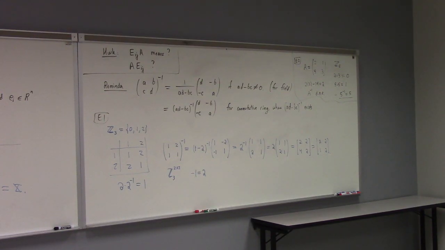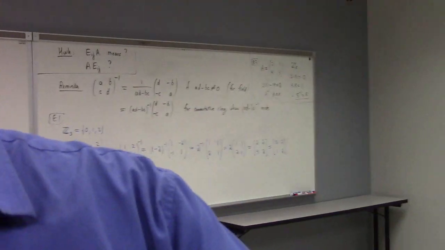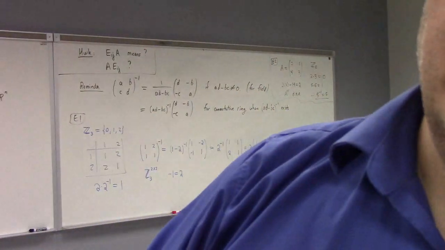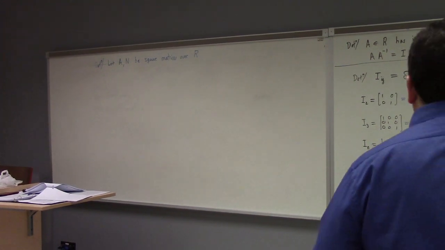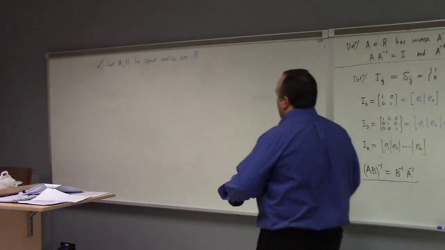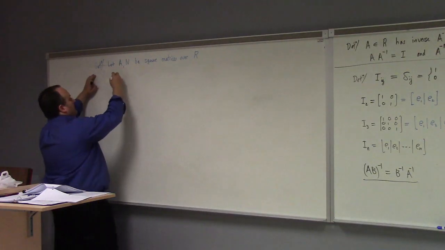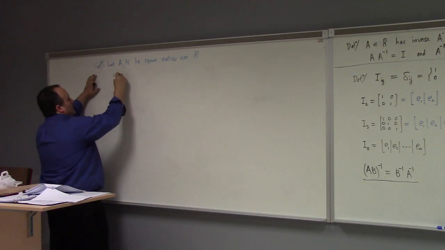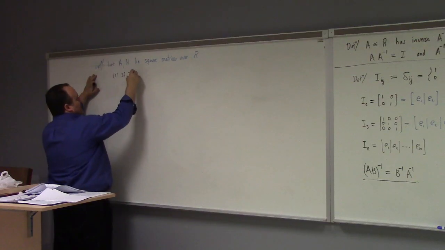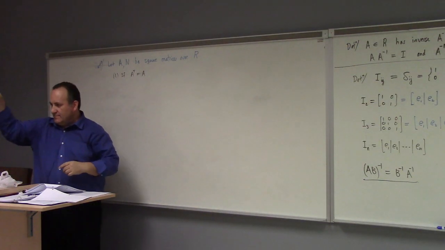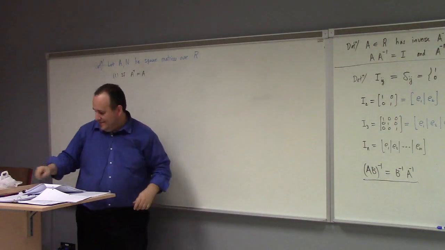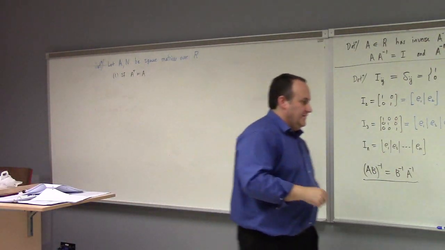If A transpose is equal to A, then what is A called?